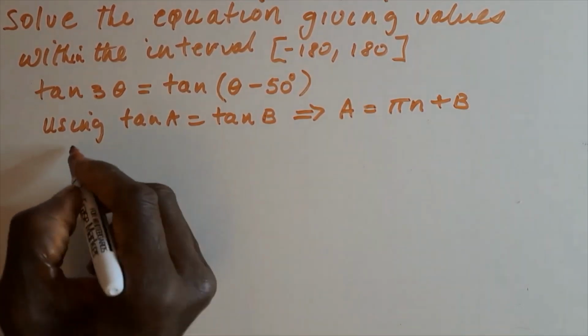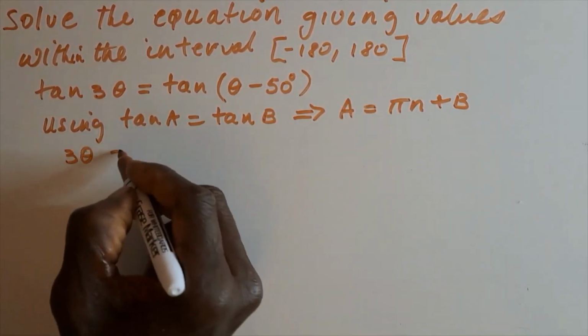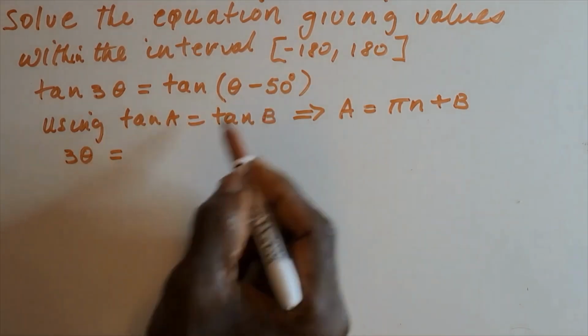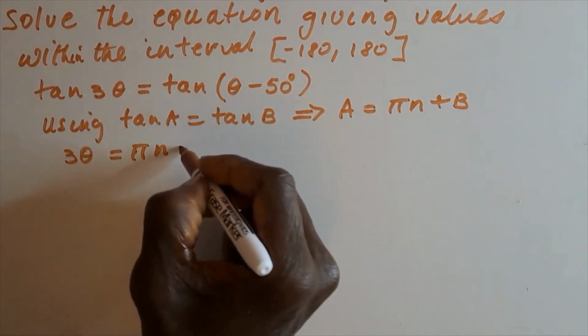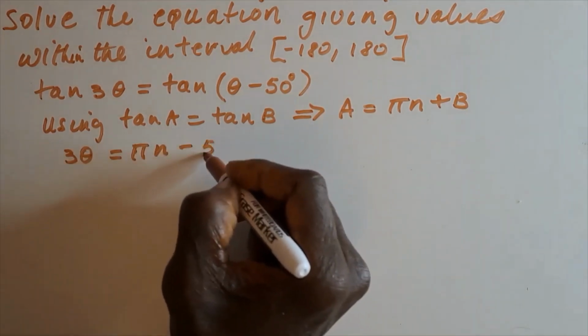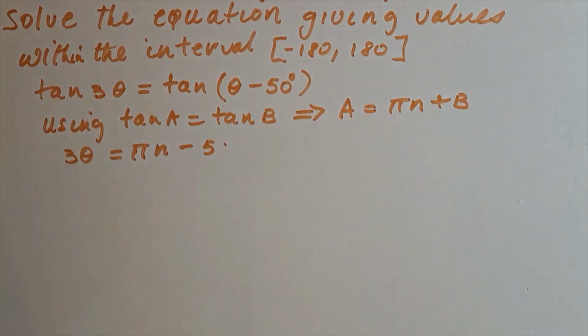So A is 3 theta and B is theta minus 50 degrees, and this is our initial equation. Oops, forgot my theta.